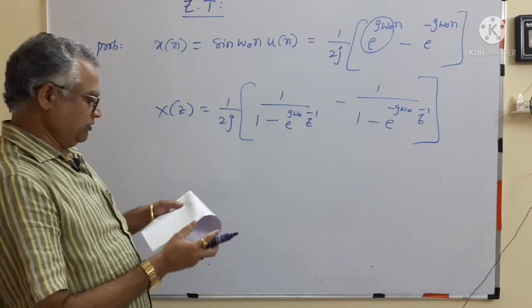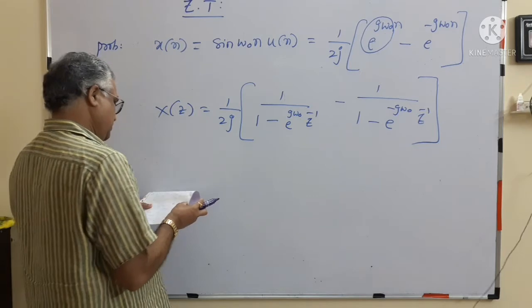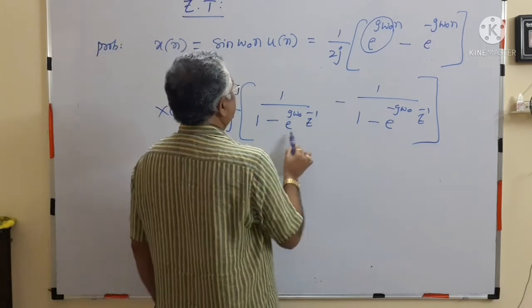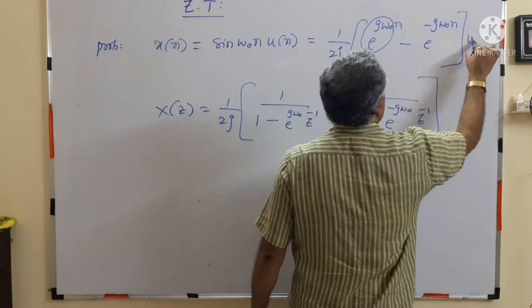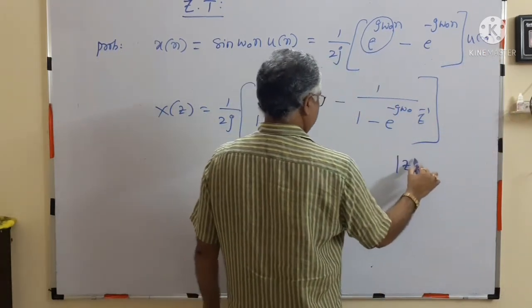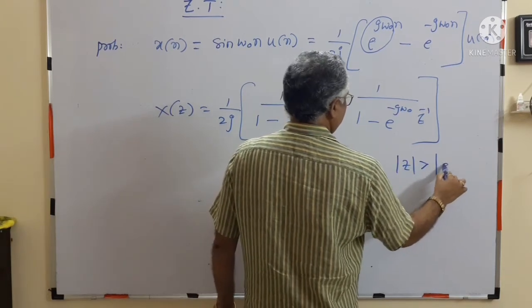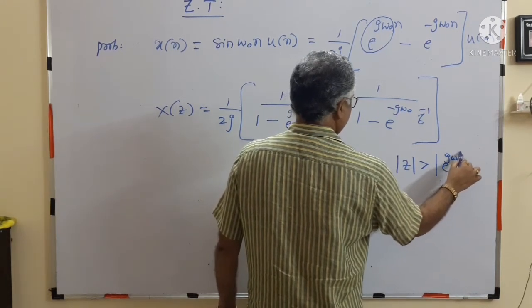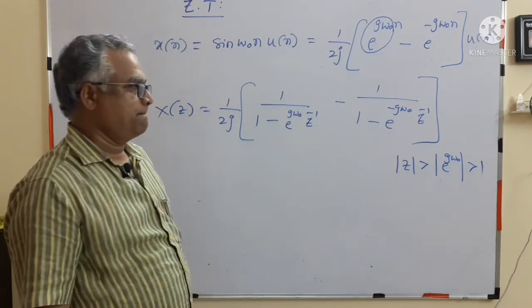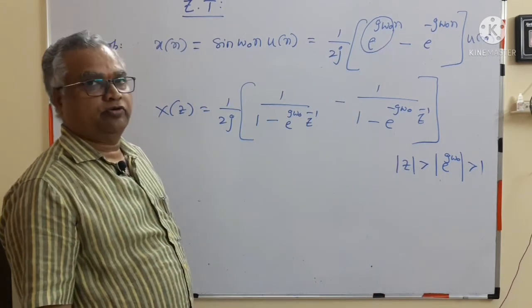So this you have to simplify. And mod z, it is because of u of n. u of n means right side. Right side means mod z greater than mod e power j omega naught. Magnitude of e power j omega naught is 1.